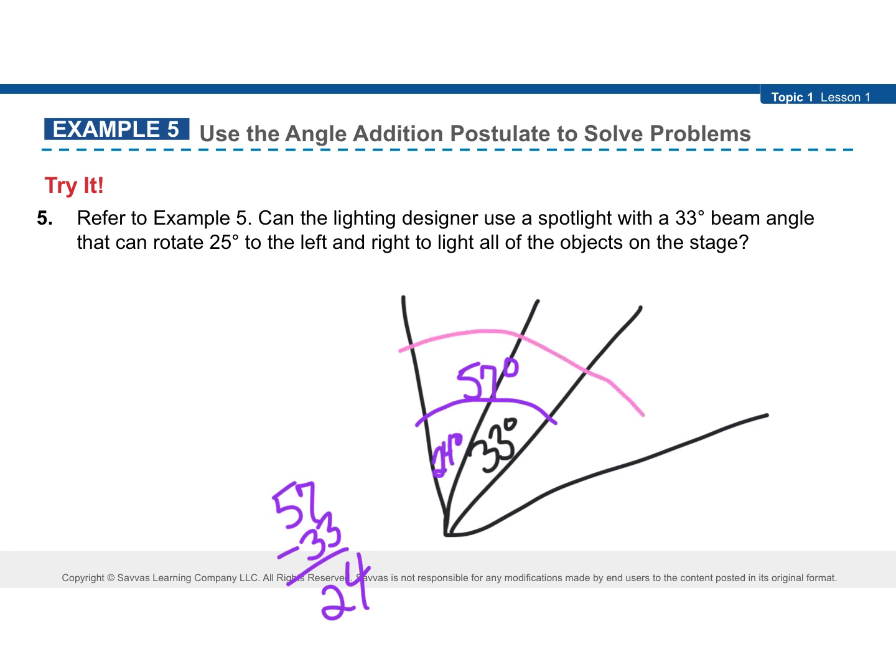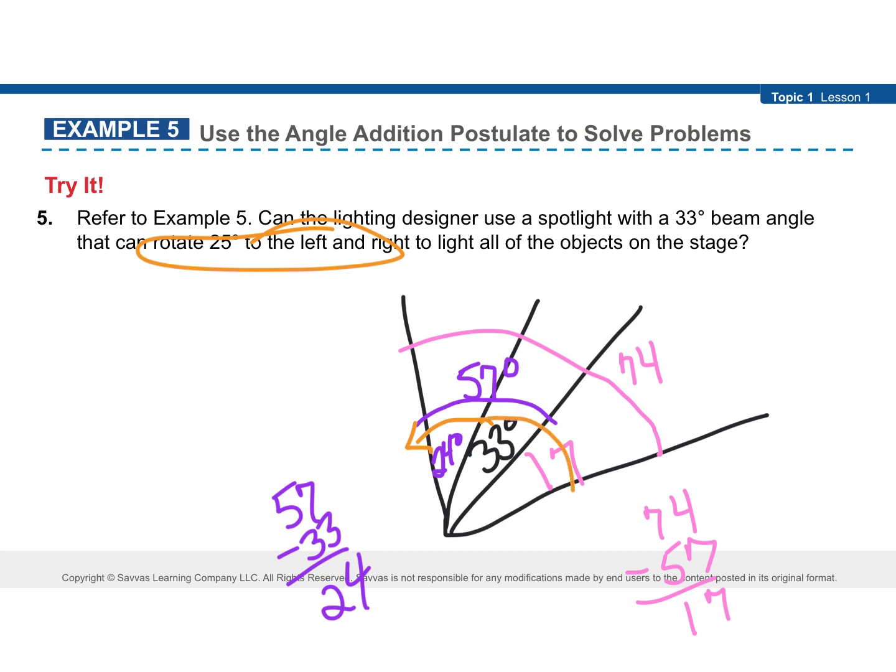And this is still 74. So 74 minus 57 is 17. And that spotlight can still rotate 25 degrees. So if it can rotate 25 degrees this way, it's got that covered. And if it can rotate 25 degrees this way, it's got that covered. So yes, it can light the whole stage.